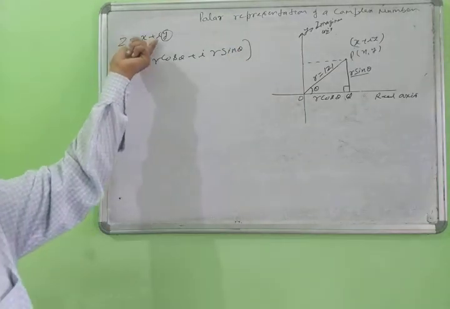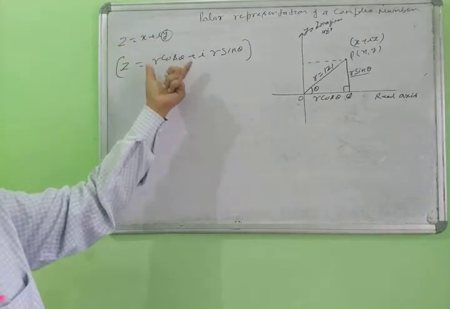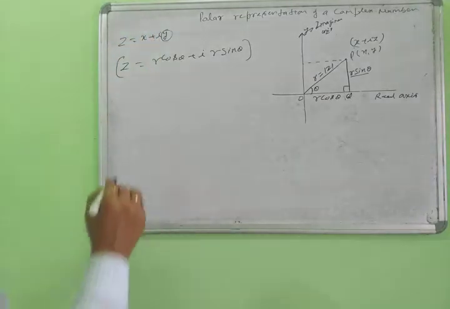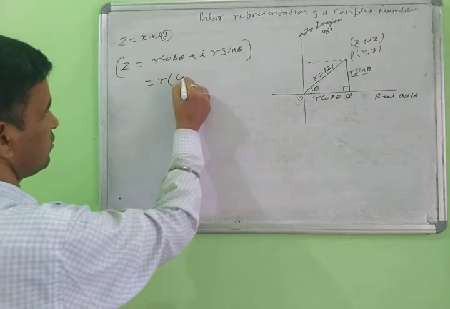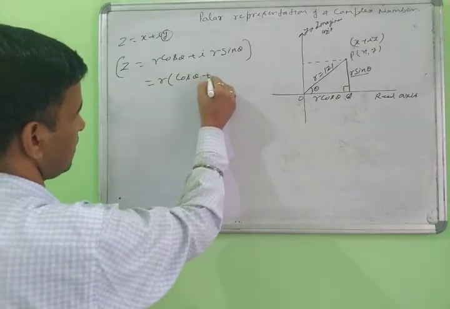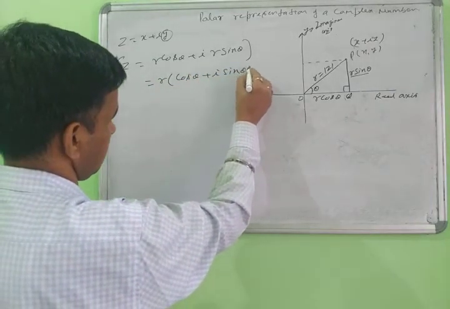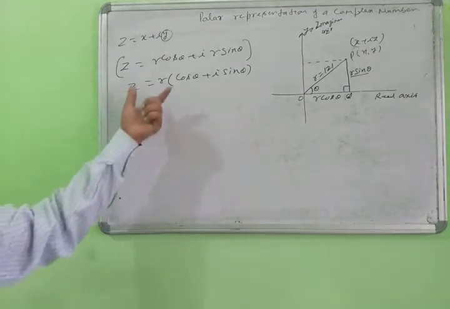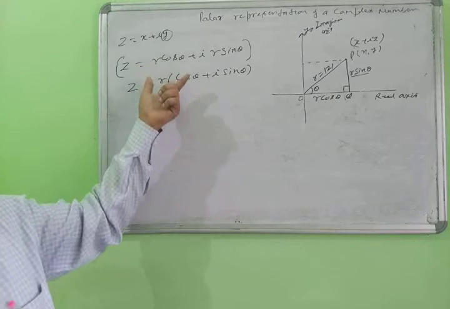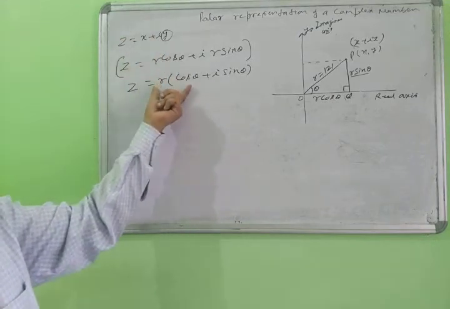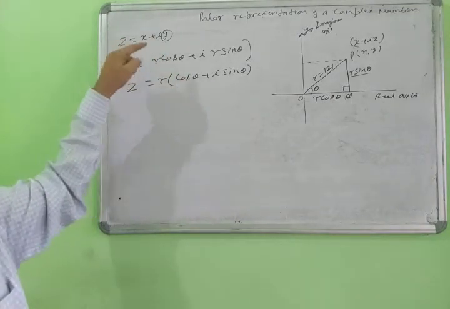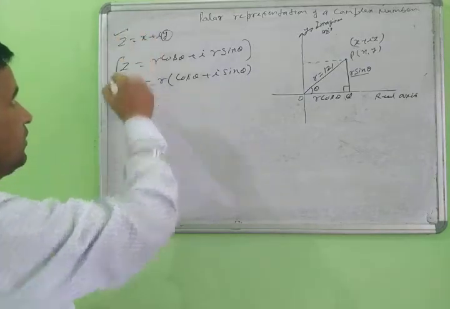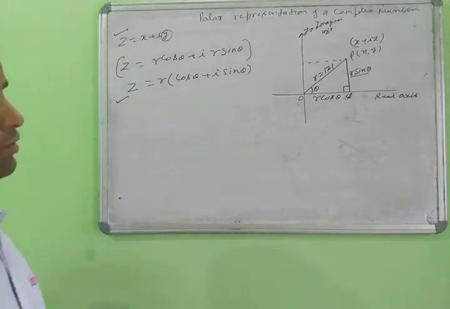You can take r common, then you get r cos theta plus iota sin theta. This is the polar form of this complex number.